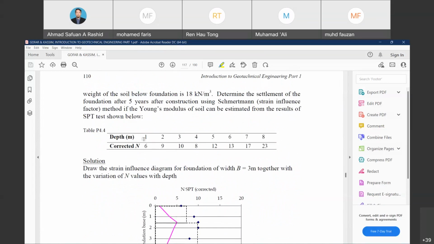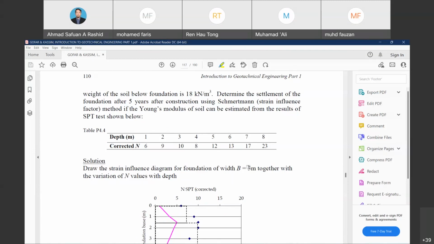So based on the SPT value, this value of 1 will become 0, so this will be 1, 2, 3, 4, 5, 6.